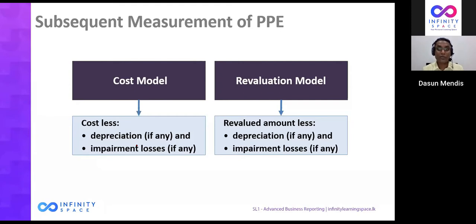That means you have to do the revaluation with sufficient regularity. So in the unseen, you have to look at if that information is given, whether the company has done the revaluation with sufficient regularity to ensure that there is no significant difference between the carrying value of the land and building in the financial statements and the fair value of the particular property.